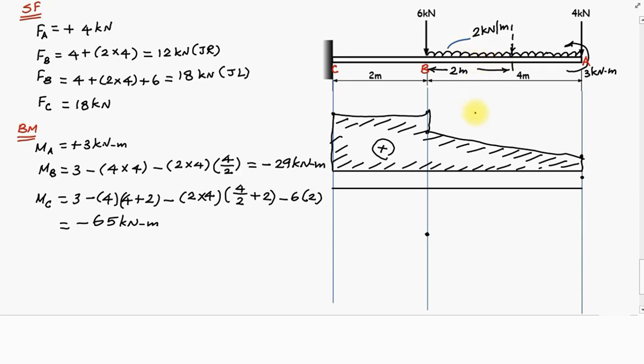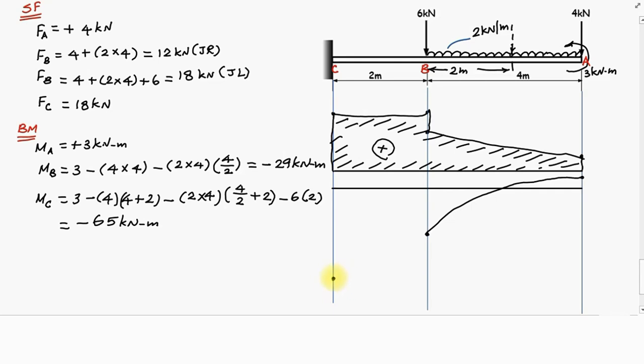That is the only reason the shear force is a linear straight line, whereas in the bending moment, it will be a parabolic curve. So we'll draw like this. It's a parabolic curve.